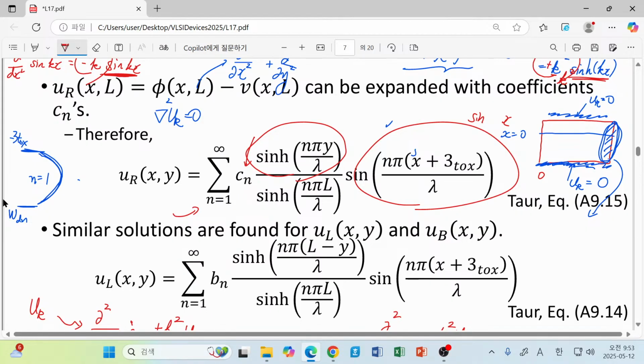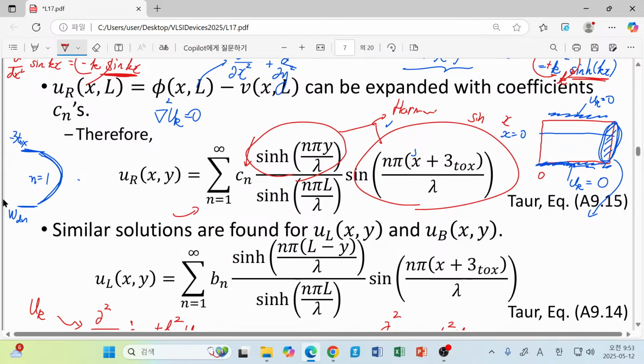And since hyperbolic sine and sine behave differently with respect to second order derivative, that's the reason why they can be a harmonic function. Harmonic function means a solution of the Laplace equation.